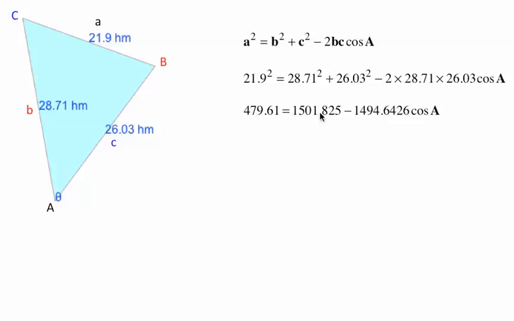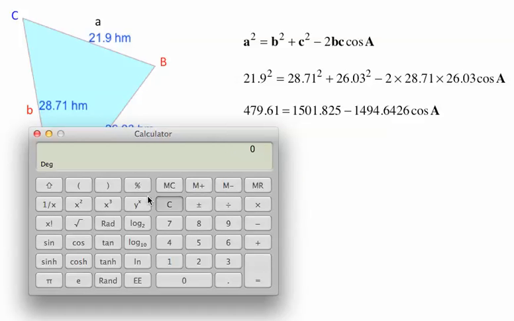Let's just double check all my figures. 28.71 squared plus 26.03 squared is equal to 1,501.825.